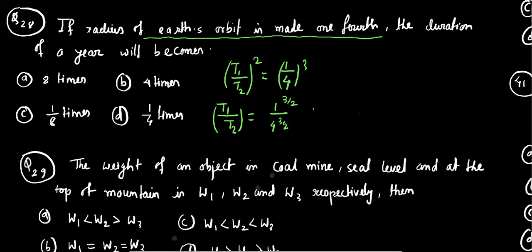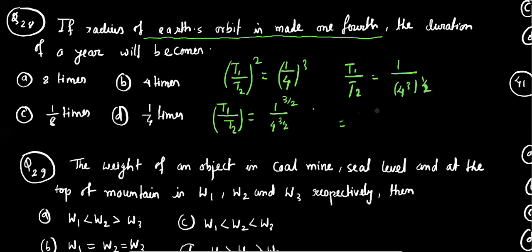Okay, now we can write it as t1 is to t2 equal to 1 by, and this will be 4 cube, sorry, I'm going to write the value directly here. So this is 4 cube and whole power 1 by 2.